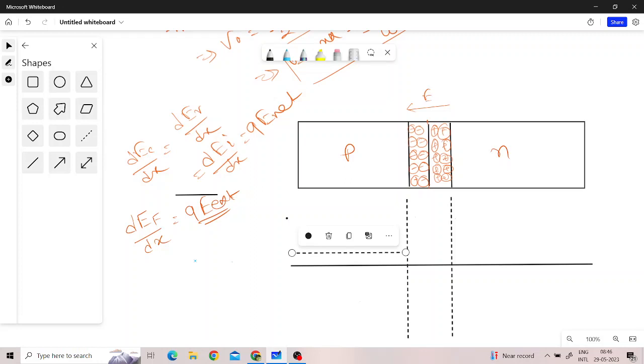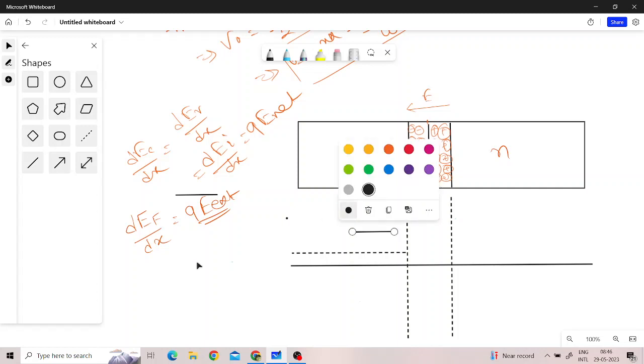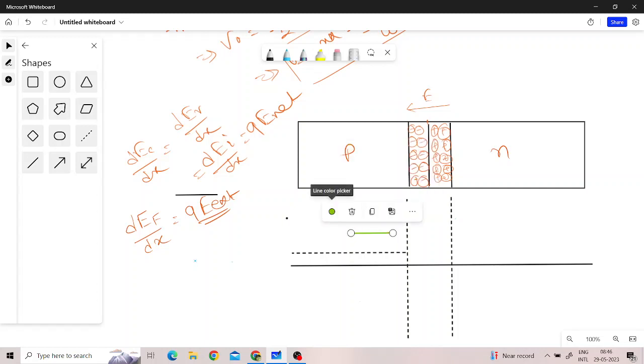And my valence band lies somewhere around here.